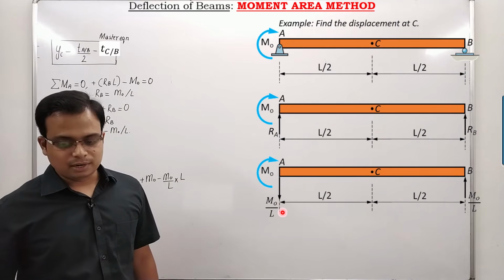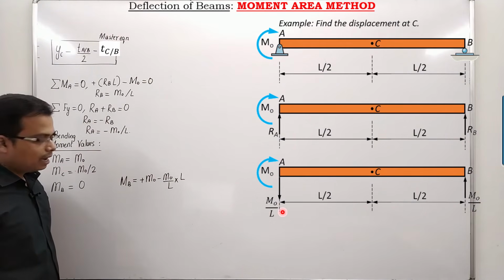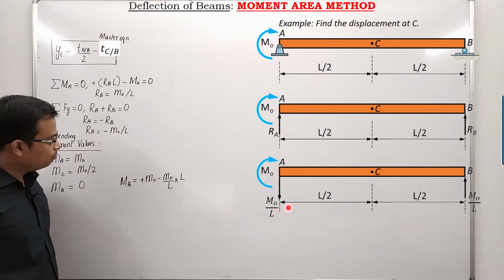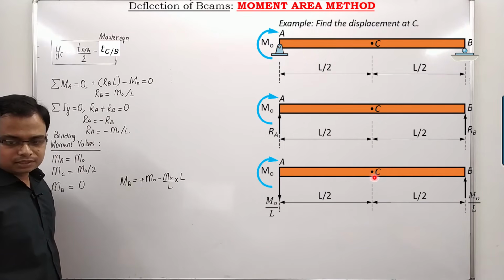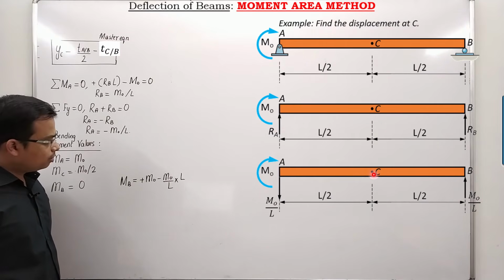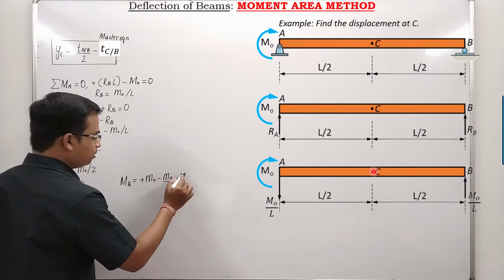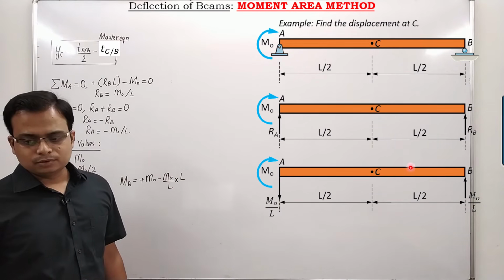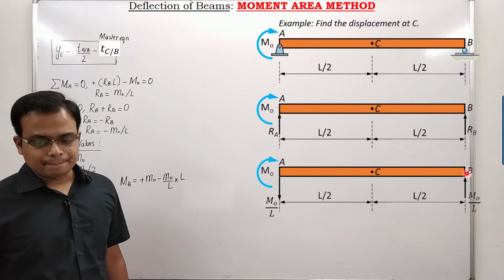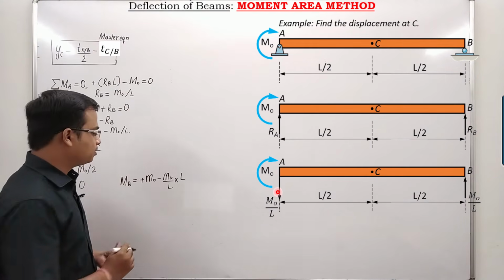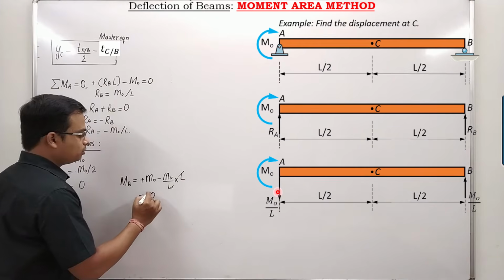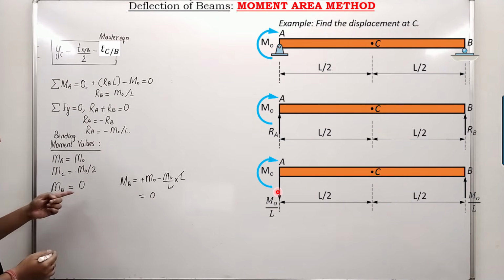And apart from that, we've got something more. Where is this? Yeah, that's it. There isn't anything. So when you want to find the moment at B, you have to consider this couple and this force. That's it. And obviously they cancel each other out, and it is going to be 0. That is the reason I have written 0 over here.